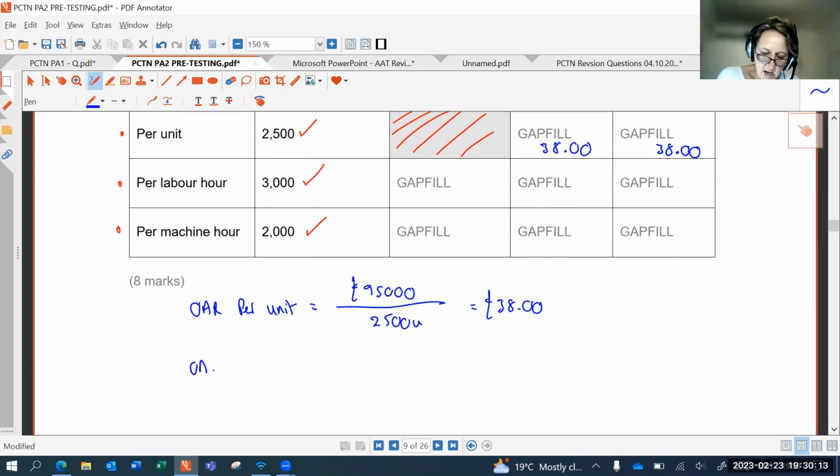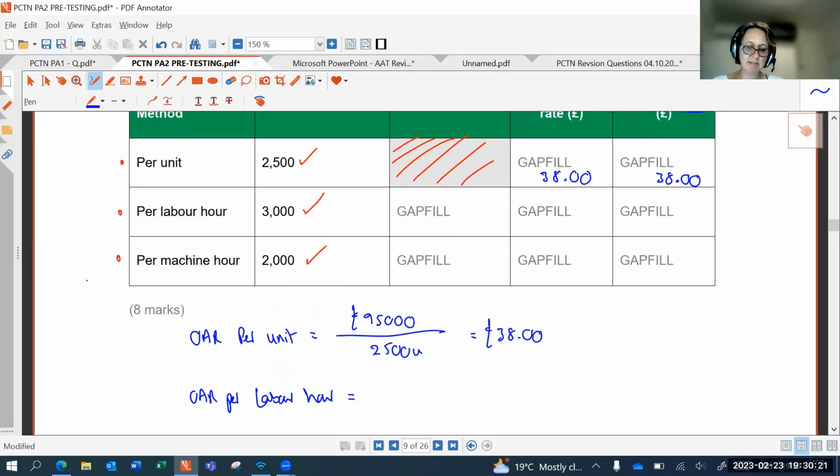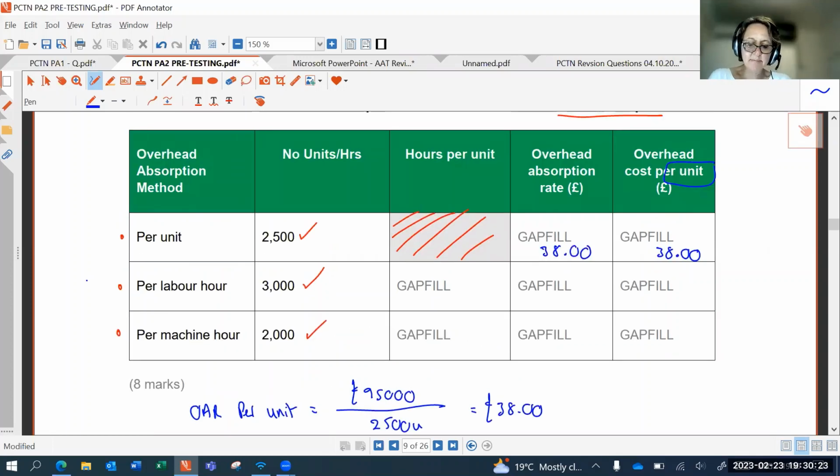Then we have our OAR per labour hour. Labour hours are a little bit different because I've got an extra little gap fill box. The first thing it's asking me for here is how many hours do I spend making 1 unit? They call it the hours per unit.